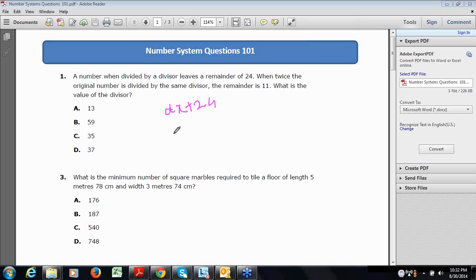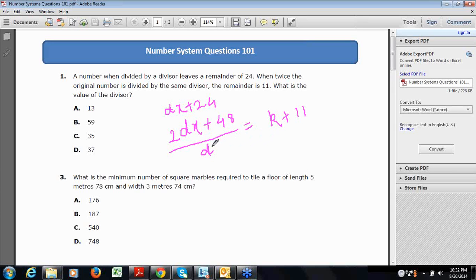Now 2 times this number is 2dx plus 48. Now it has to be divided by d. The remainder will be something plus 11.